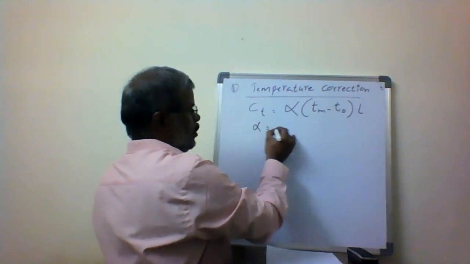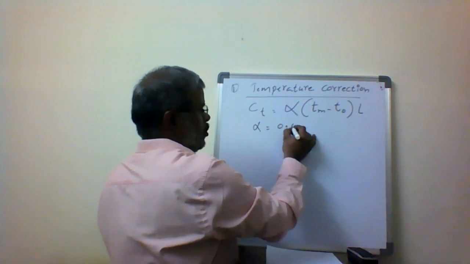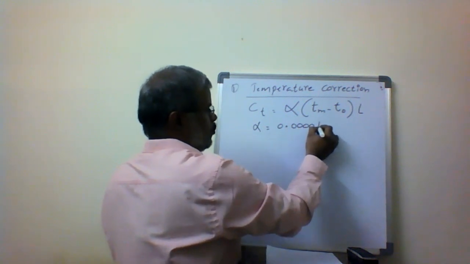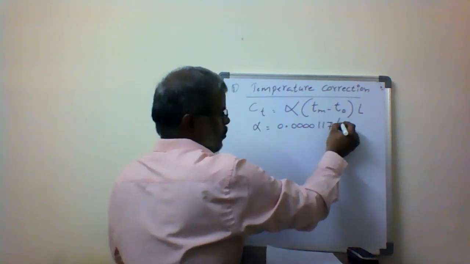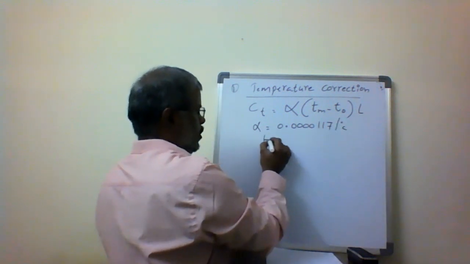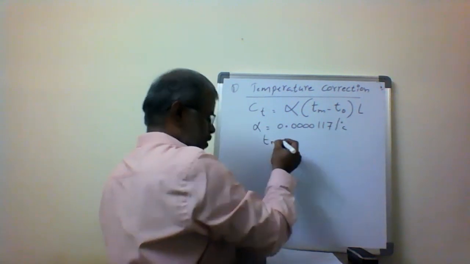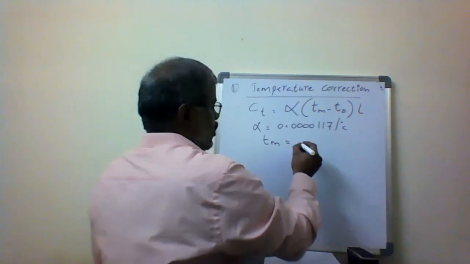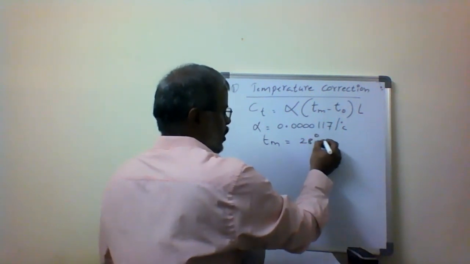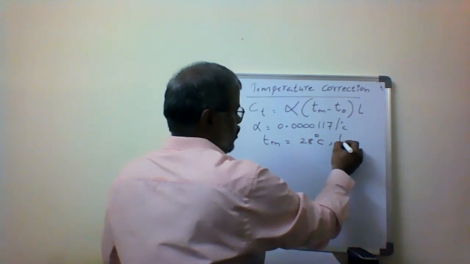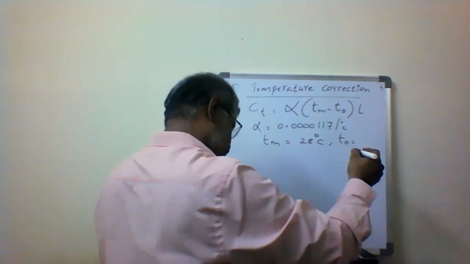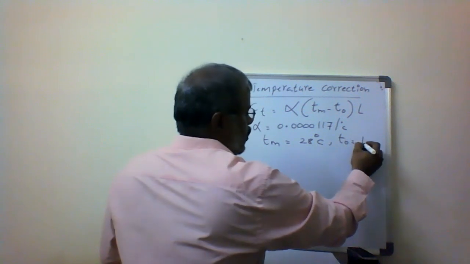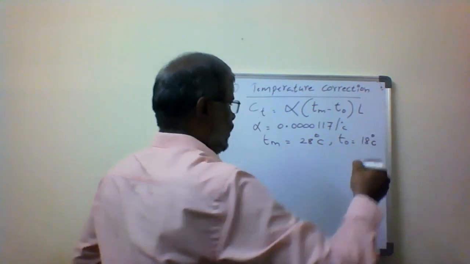Alpha is given in the problem, 0.00040117 per degree centigrade. Tm is given, 28 degrees centigrade. T0 is 18 degrees centigrade.